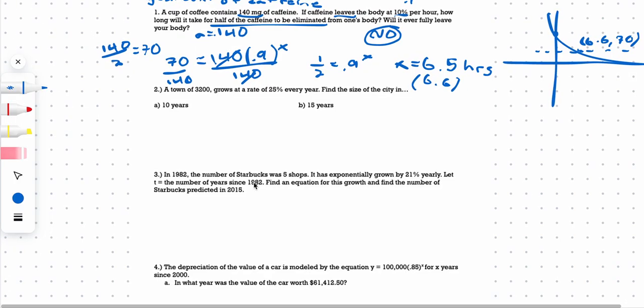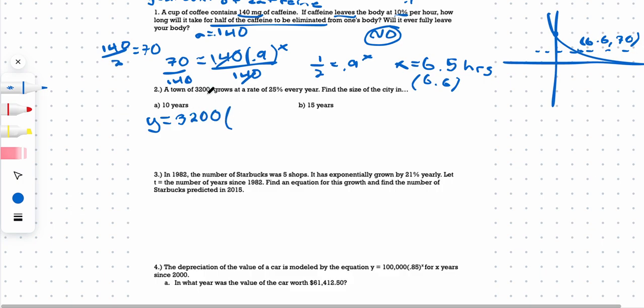Okay. So the second question asks, a town of 3,200 grows at a rate of 25% each year. Find the size of the city in 10 years and then 15 years. So let's create an equation to model this situation. We have y equals, what's our initial value? 3,200.